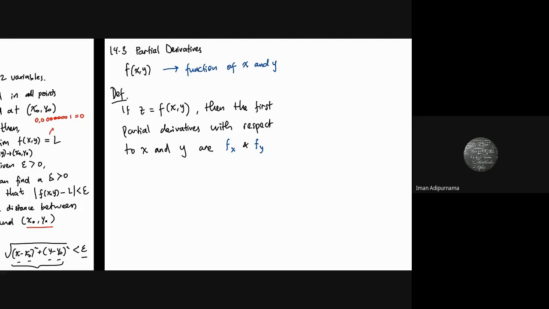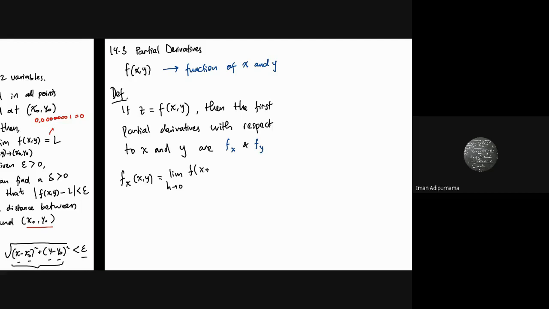The definition of partial x and partial y is based on our limit definitions as we have learned before. So let's just write the limit, and it is similar to calculus 1.